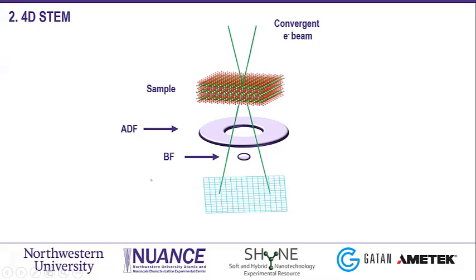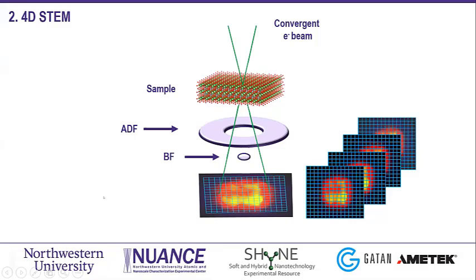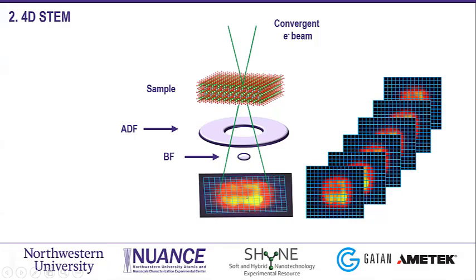But you miss a lot of information that you would get from your actual CBED, your convergent beam electron diffraction. With the evolution of detectors, more specifically direct detectors, you can actually acquire your annular dark field and a diffraction pattern simultaneously.